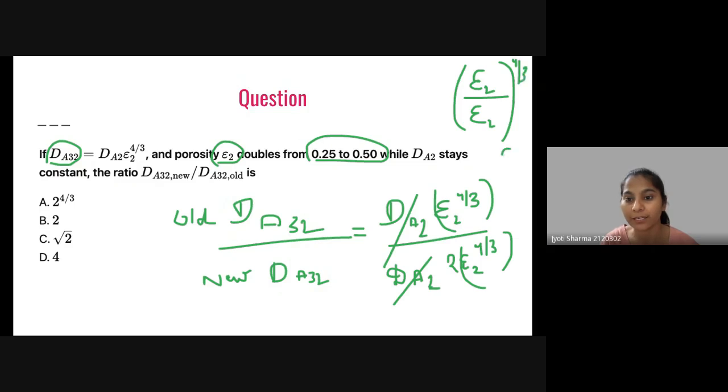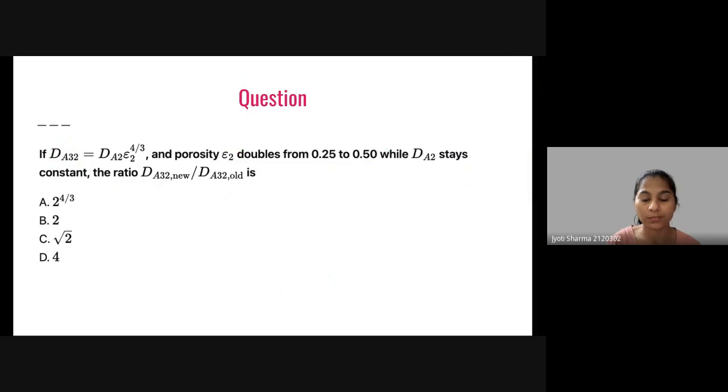If we have E2 and if we are doubling this, 4 by 3, right? So this is how we can solve this. Let me show you the results, so this will be 2 to the power 4 by 3.